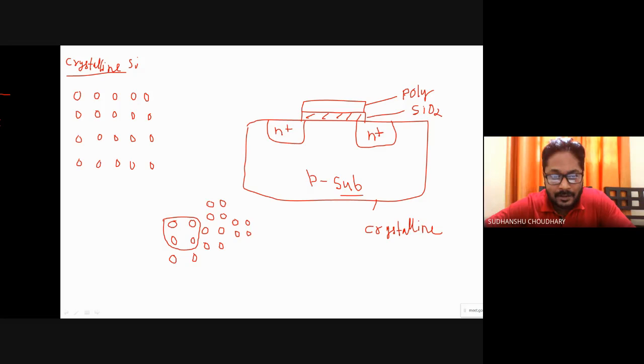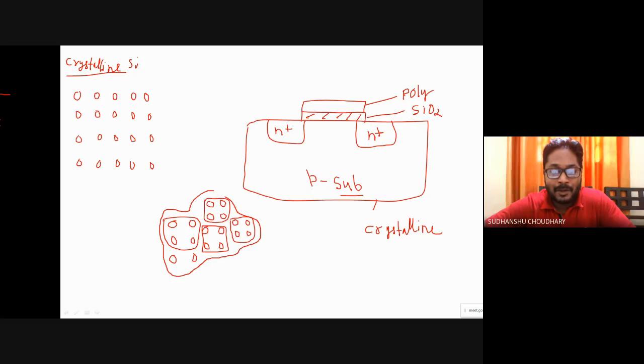Similarly, this portion of the silicon lattice seems to have a periodic arrangement. Similarly, this also. But the entire lattice does not have the same periodic arrangement. So you have small regions of crystallinity. This kind of a semiconductor or material is called a polycrystalline material.